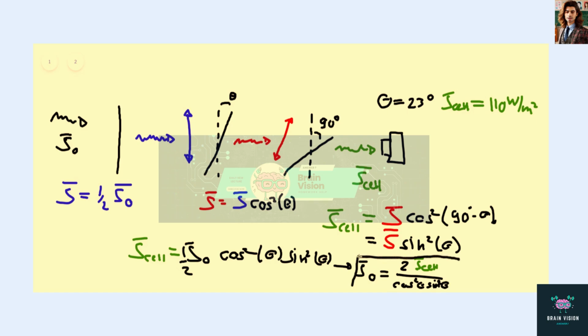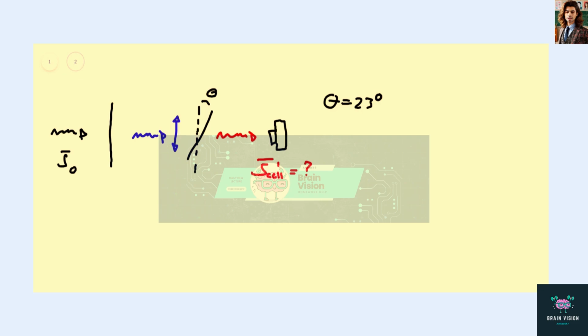The reason you want to work this out is because you want to find the intensity reaching the photocell if the analyzer was removed, so if this last part was not here. So let's take a look at that scenario.